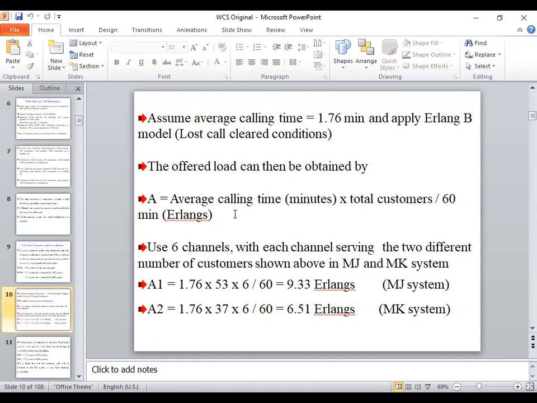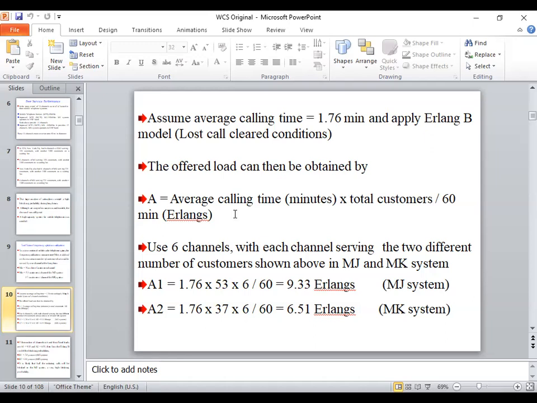Your mobile communication efficiency is given by the formula Erlang B or Erlang C. Erlang B model considers the lost call cleared conditions, whereas Erlang C deals with the blocked calls.